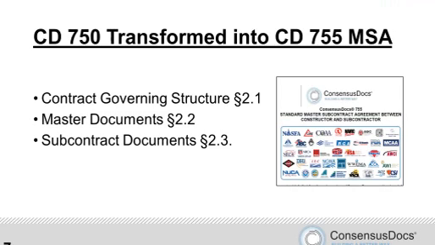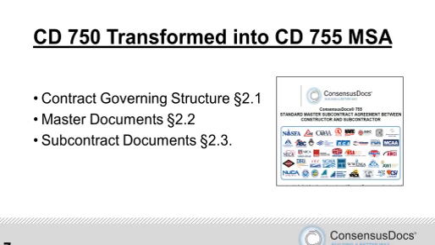I wanted to get into some of the particular things that we had to look at and change in terms of the 750 if you had to make it into the 755 master agreement. So if you were to take a look at the two and compare them side by side, you'd notice some of these changes. First off, in this master subcontract, the 755, it starts right off in Article 2.1 with sort of an overarching philosophical statement.